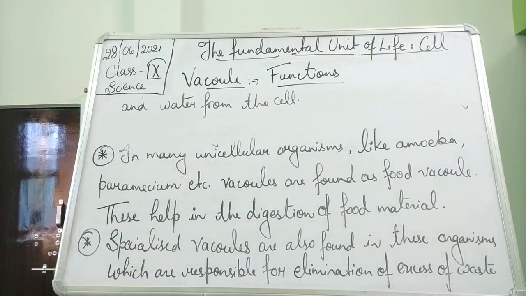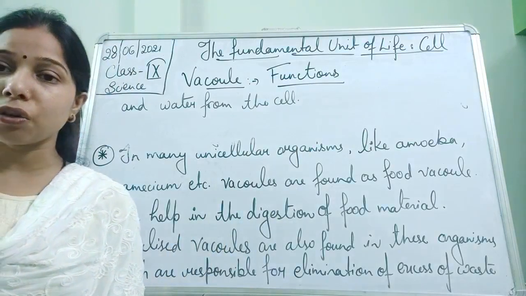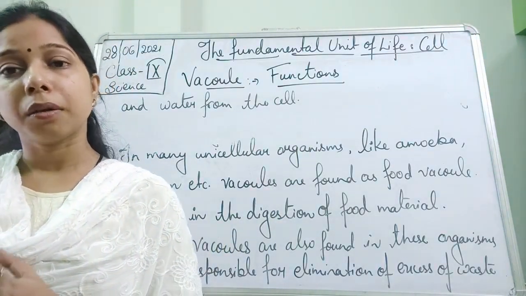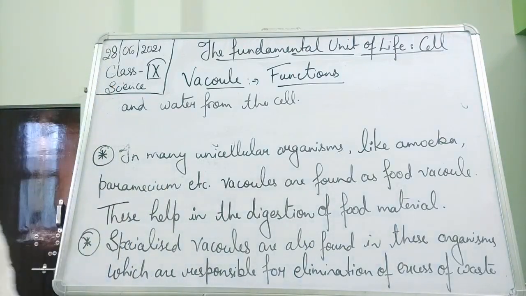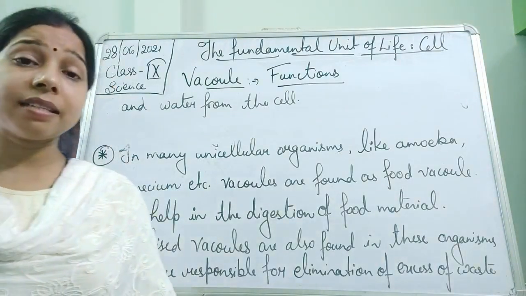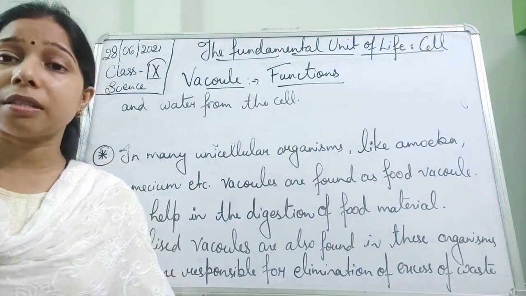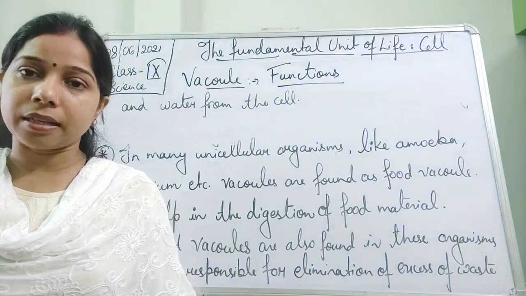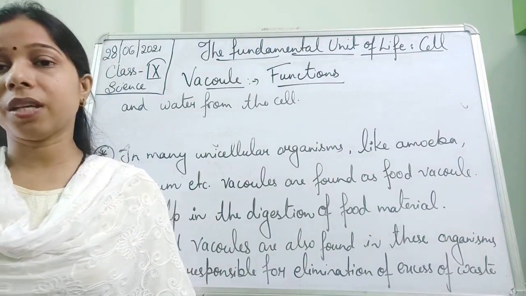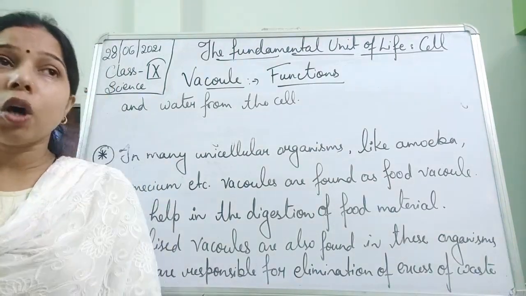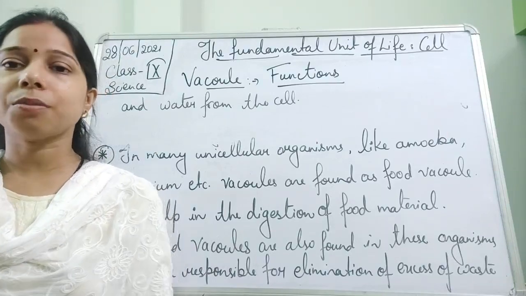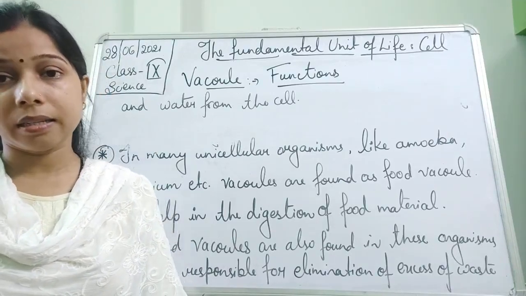So basically these are some of the functions of the vacuole. The first function that we have seen, student, is that it helps in storing mainly the cell sap, and it is also responsible for maintaining the turgidity and rigidity of the cell. The vacuole also helps in storing proteins, vitamins, amino acids, as well as other organic acids.